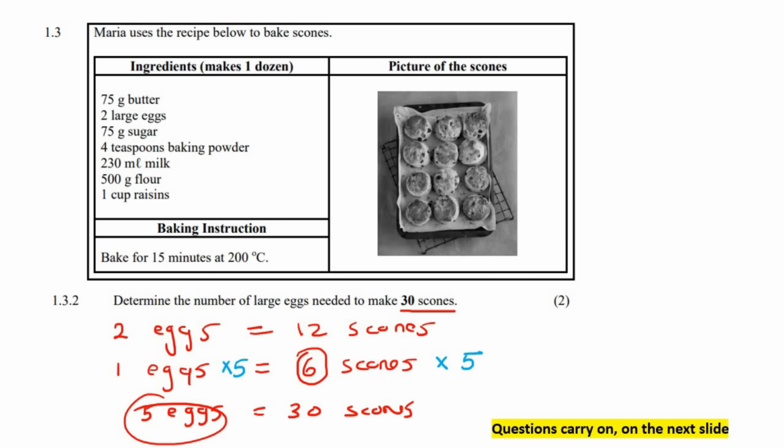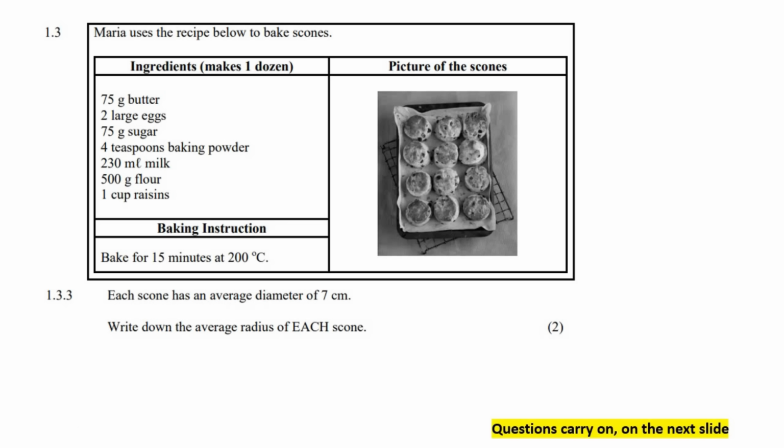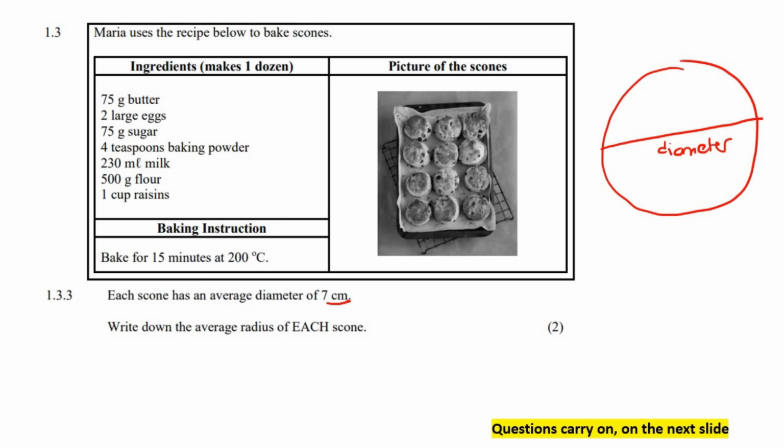The answer is 5 eggs. This one says that each scone has an average diameter of 7 centimeters. Remember, if you have a circle, the distance that goes right across is called the diameter, and they told us that is 7 centimeters.